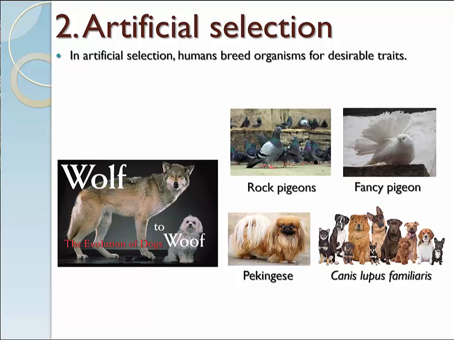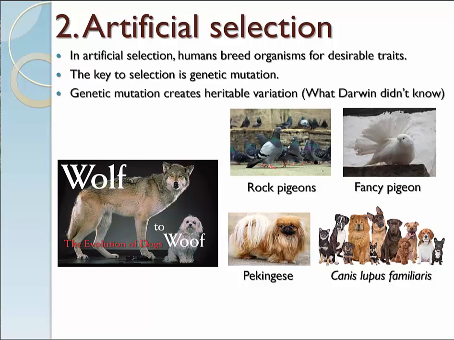Darwin used this as an analogy for natural selection, but it is the case that the key to selection, whether it's natural selection or artificial selection, is genetic mutations. So it's really the same kind of evolution, just on a different scale. Artificial selection leads to evolution just as natural selection does.